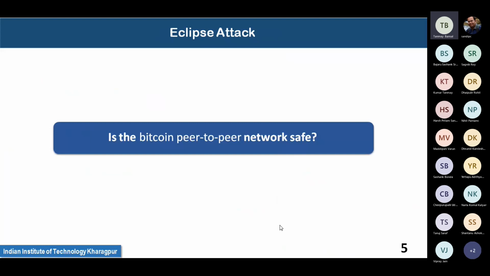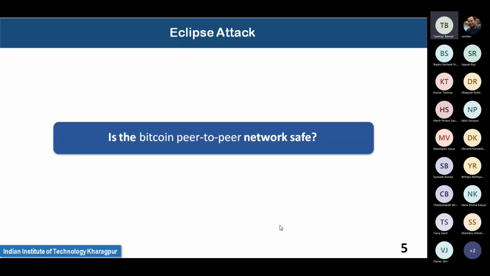This Eclipse attack shows how the underlying networking protocol, like how the peer-to-peer network is set up in these blockchain networks, can be compromised, and how vulnerabilities in the peer-to-peer network formation and maintenance protocol can be exploited. So that is what this Eclipse attack is all about.